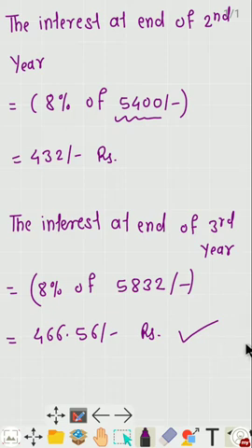Here we have discussed two types of interest: simple interest and compound interest. In the above example, we are calculating interest on interest, or to put it in other words, we are compounding the interest.